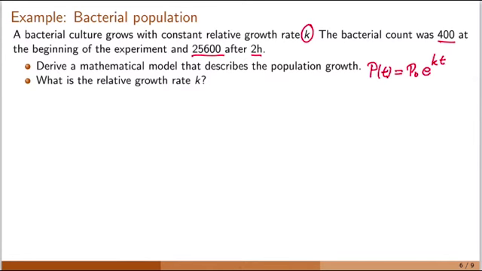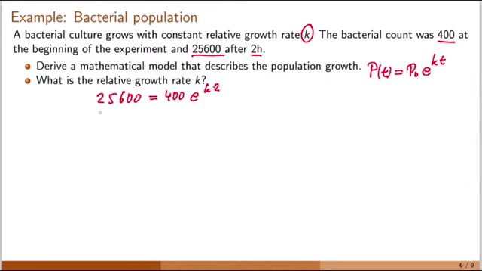So the information we have in our problem is that after 2 hours we have 25,600 cells. So this equals p0, which is 400, and then e to the k times t, where t is 2 hours, k times 2. And now we have a wonderful equation which we can solve for k.